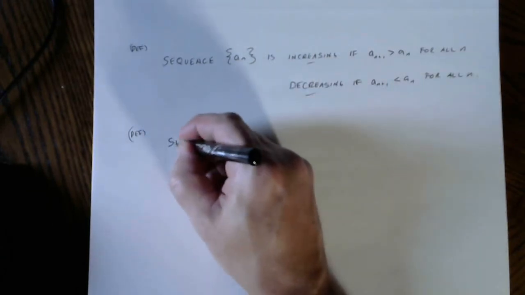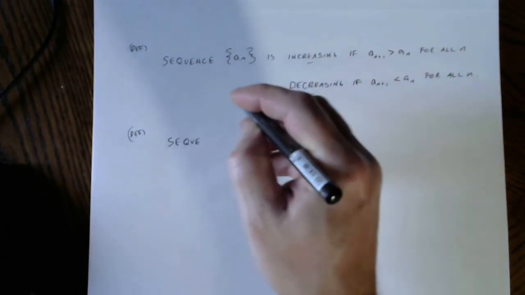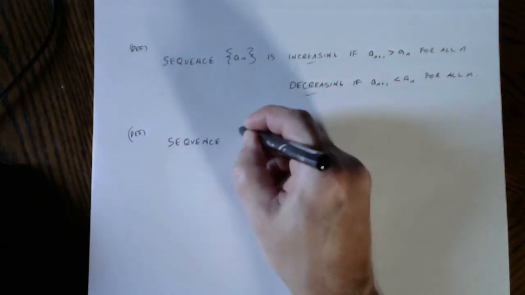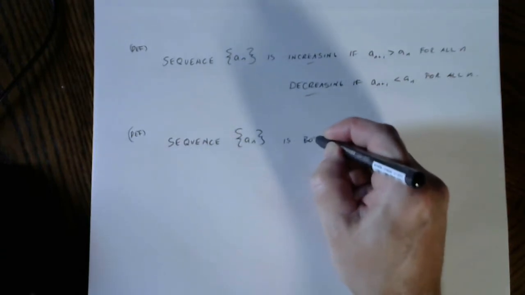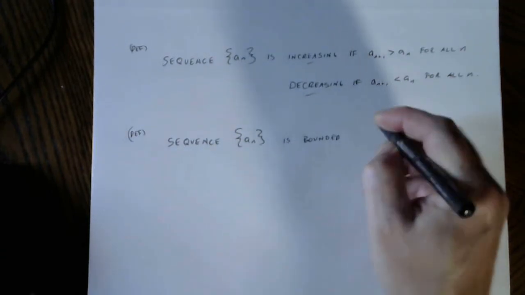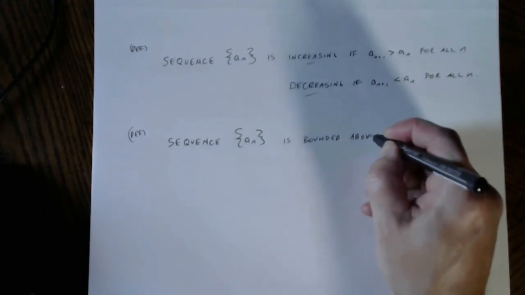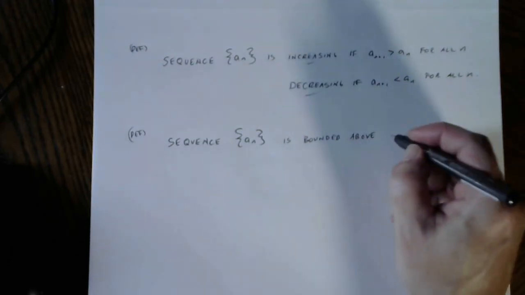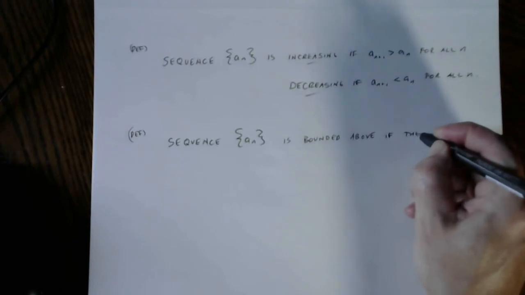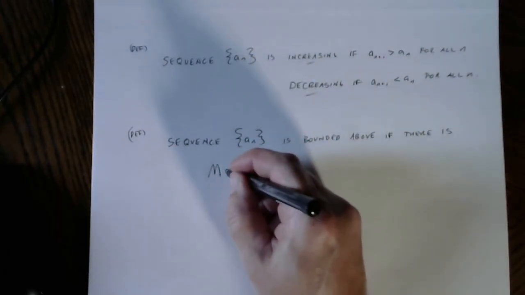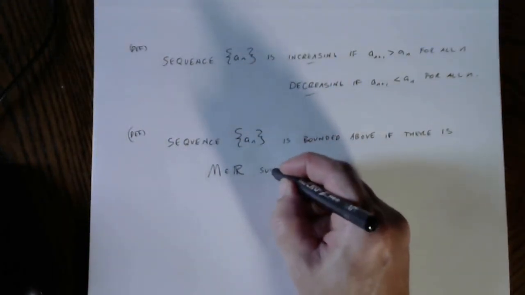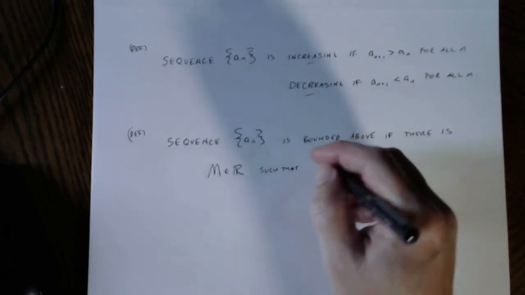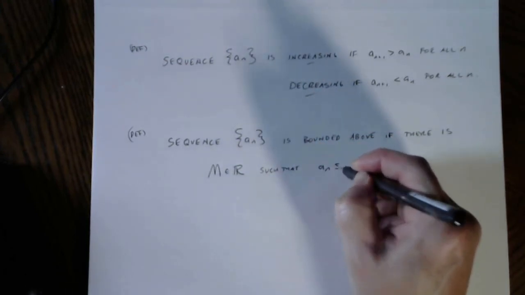Also, again, a pretty simple idea. A sequence a_n is what we call bounded above if there is some real number, and this is the notation, I'm going to call it big M, such that every term is less than that.